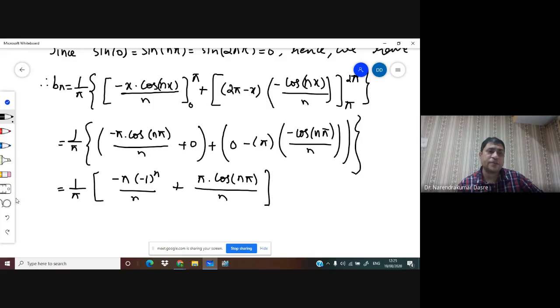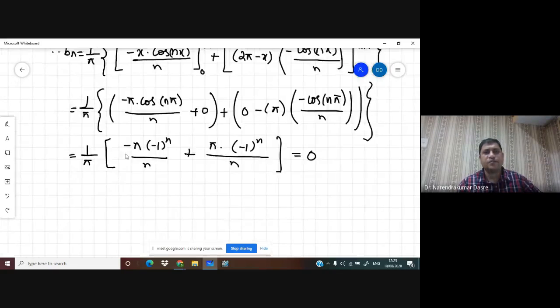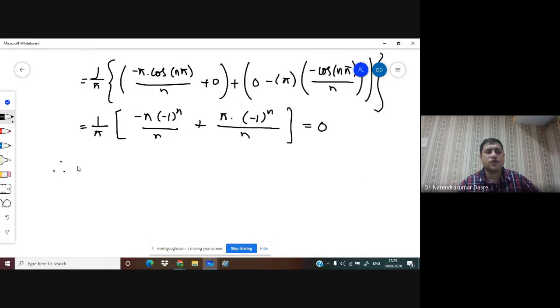So this cos of n pi is again going to be minus 1, so I can write directly here, this is going to be minus 1 raised to n. So you can see this is minus term, this is plus term, so this has to be 0. So we got here that Bn is equal to 0.